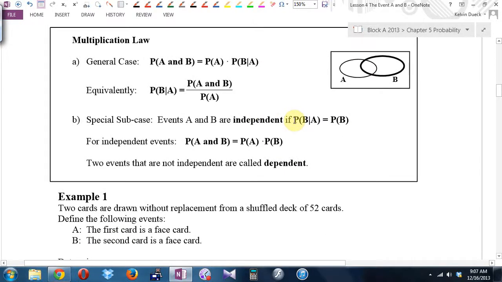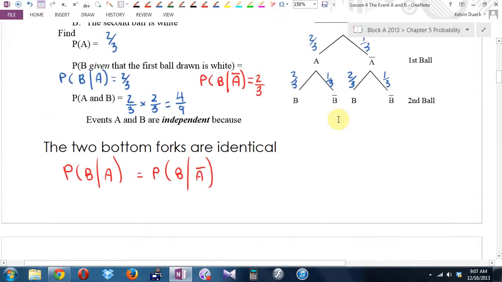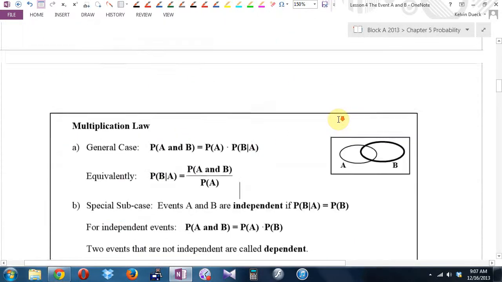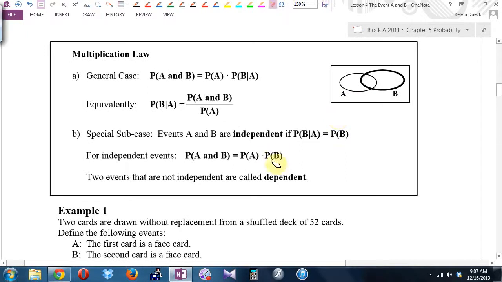The special subcase. A and B are independent if the probability of B given A is the same as the probability of B down any branch. It's what I wrote here, except I said B given A and B given not A are identical. What we're really saying is it doesn't matter which branch you go down. Well, then it looks like that.